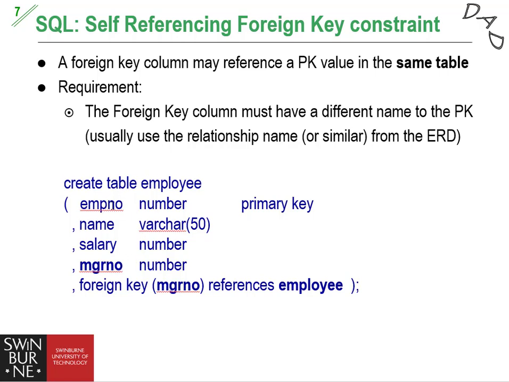So the values in employee number link with the values in the manager number. So in this case, I can write the create table statement. So create table employee, employee name, employee number, salary, and my foreign key, manager number. So the foreign key manager number references the employee table. So it comes back again to the same table.